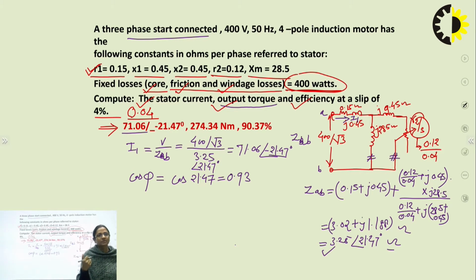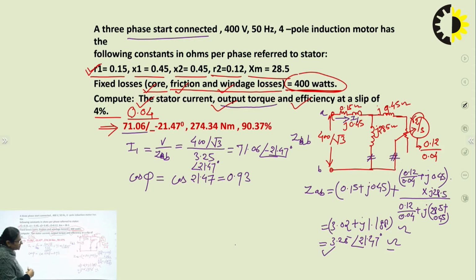So we will calculate omega r later on. Let us now try to find out how to determine the shaft power output for the machine.